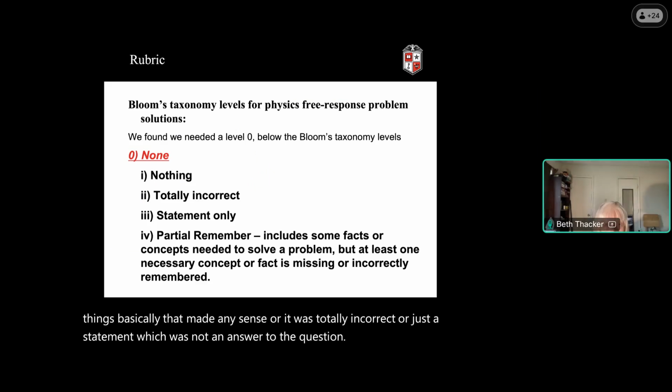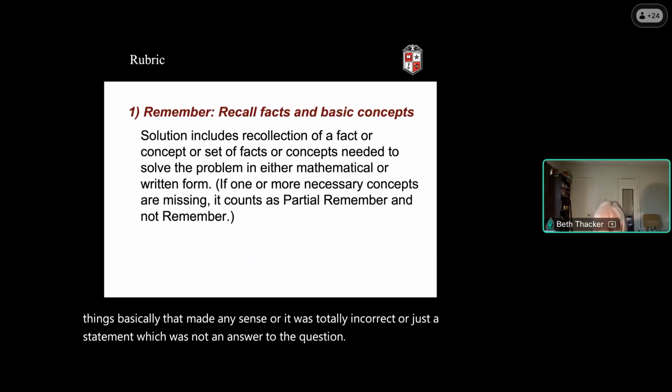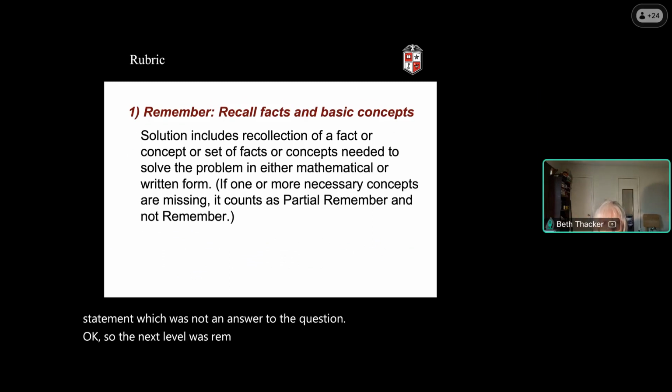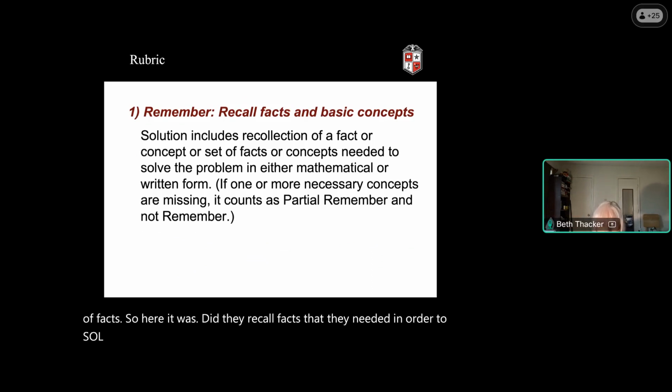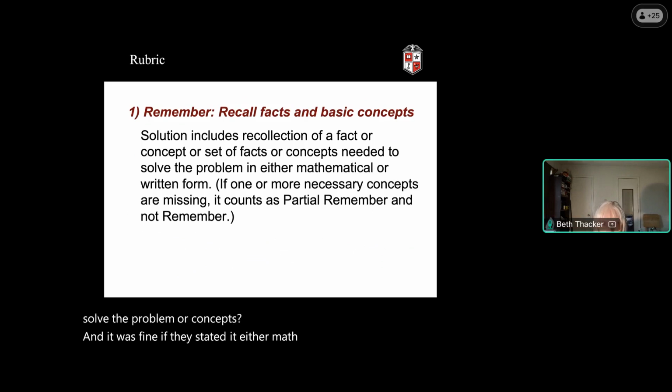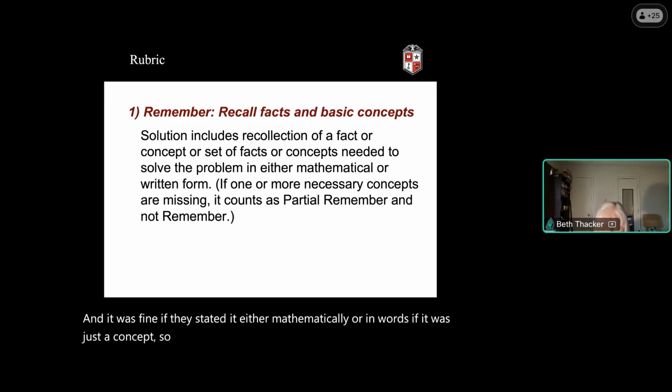Okay, so the next level was remember, and here we included a recollection of facts. So here it was, did they recall facts that they needed in order to solve the problem, or concepts? And it was fine if they stated it either mathematically or in words, if it was just a concept. So if either of these existed, we counted it as remember.